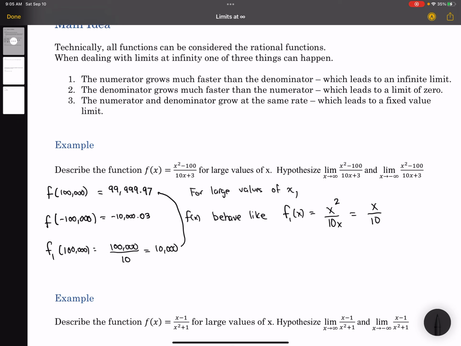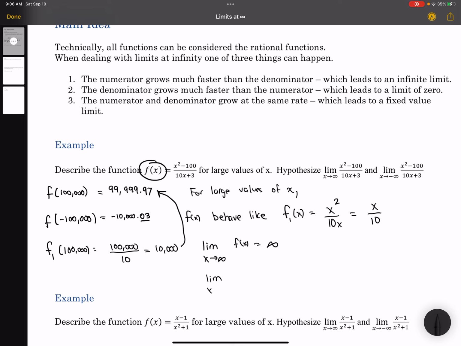Look how close that value is to what the actual f of x function spits out. And something similar for negative 100,000. We just get negative 10,000, which is astonishingly close to negative 10,000.03. So what we could say is the limit as x approaches infinity of f of x is equal to infinity.